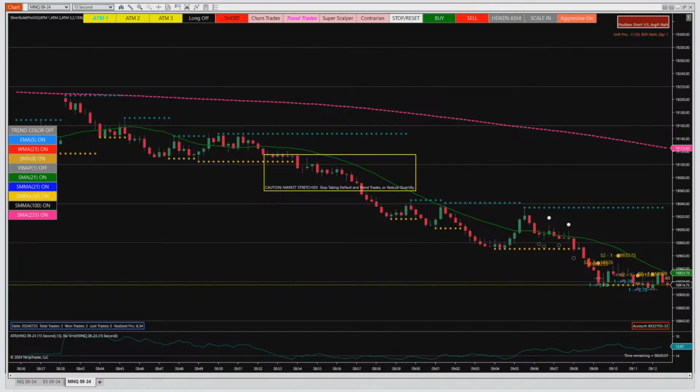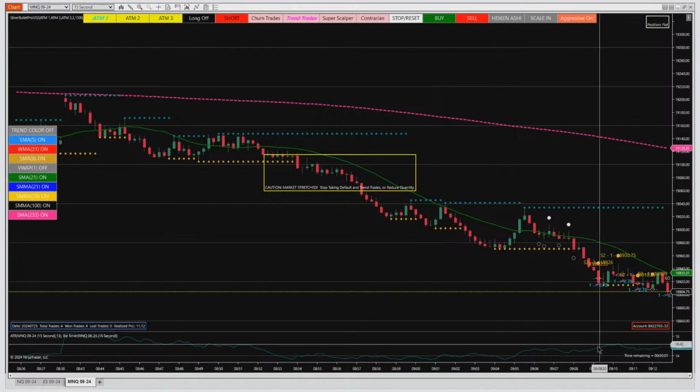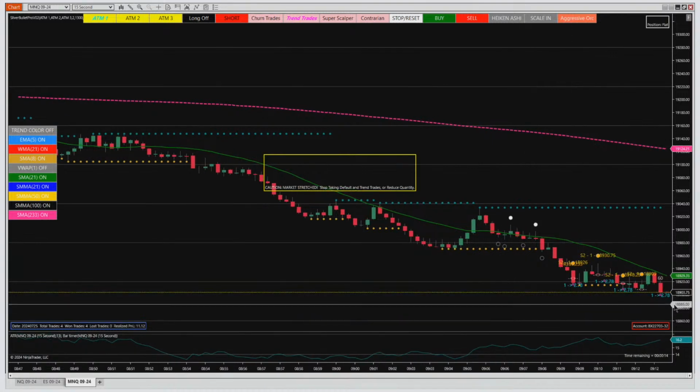It's too difficult a market to trade in, as we see. So this 4th trade was also profitable.